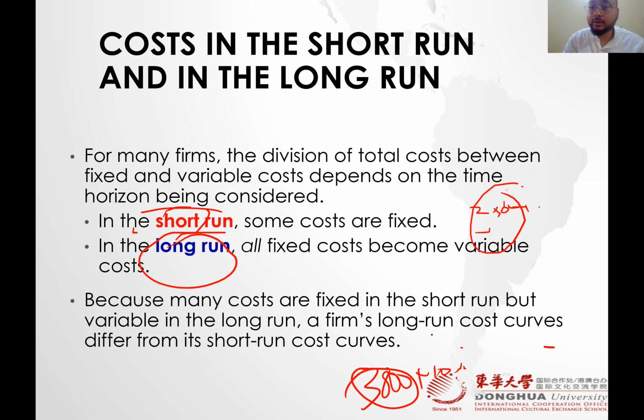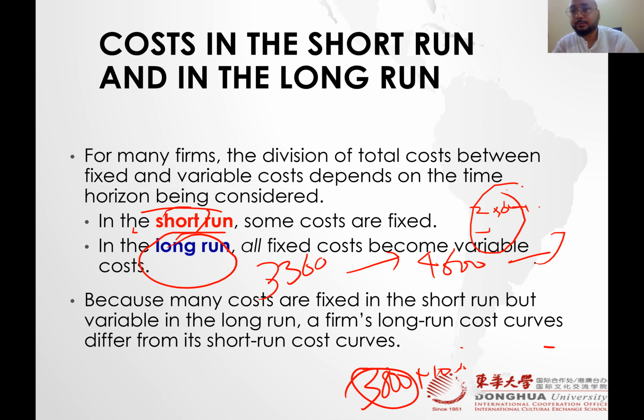Next year, it's going to be 3,300, and the next year it's going to be 4,600, for example, right? So if you see it on a yearly basis, even rent looks variable. As years pass, rent increases, but within 1 year, rent remains fixed.